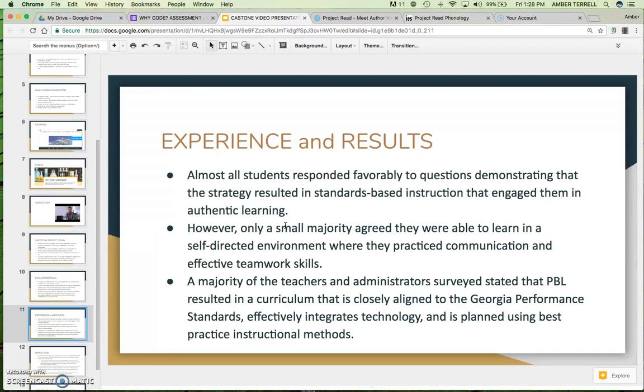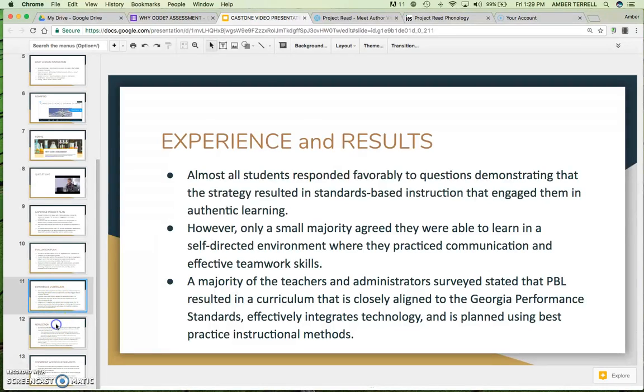A majority of the teachers and administrators surveyed stated that PBL results in a curriculum that closely aligns itself to the GPS, that PBL effectively integrates technology, and that these modules were planned with best practice instructional methods.